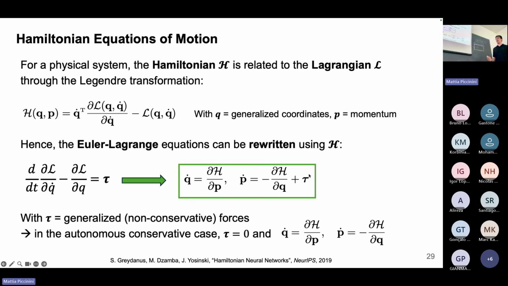And tau is always the generalized external actions. So in the autonomous conservative case with no external actions, these are the equations for the case in which you have no external force. The equations are actually quite simple, but formulating the Hamiltonian can be a bit tricky.